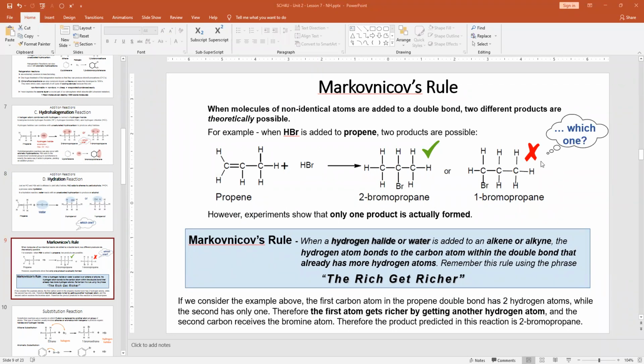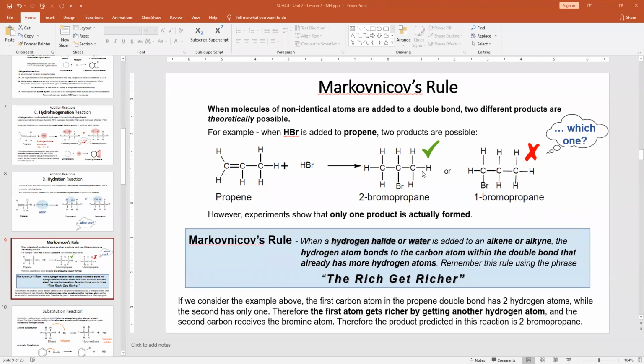An experiment shows that only one product is actually formed, and that product is 2-bromopropane, not 1-bromopropane. So the bromine ends up going to this carbon and not this one. This one would be wrong, and this is the correct product from this reaction.